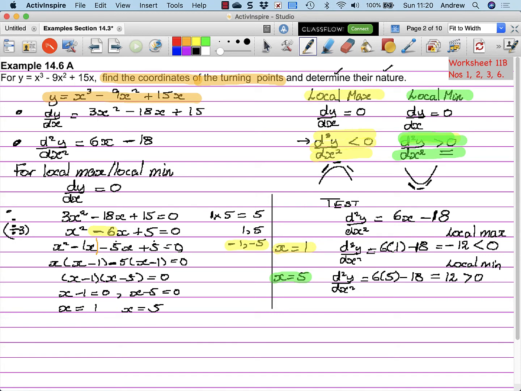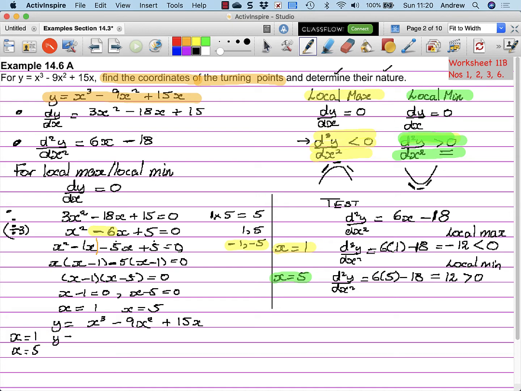So this is part 3 of the problem, where we write down that y is equal to x cubed minus 9x squared plus 15x. We're then going to be finding out what the value for y is when x equals 1, and we're going to find out what the value for y is when x is also equal to 5.